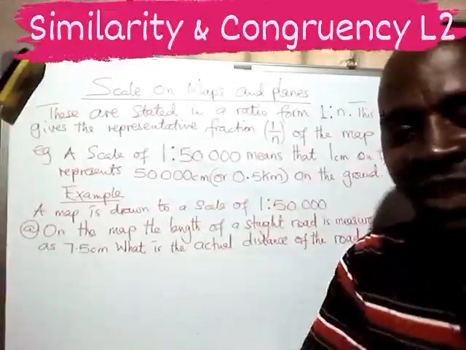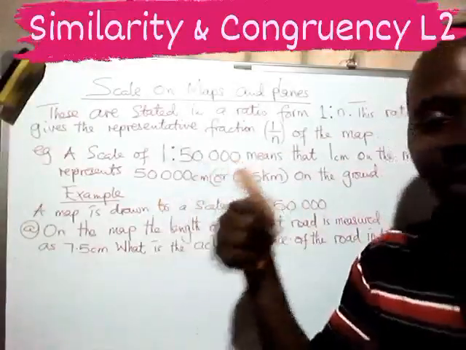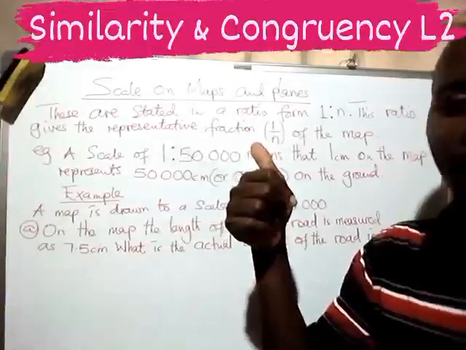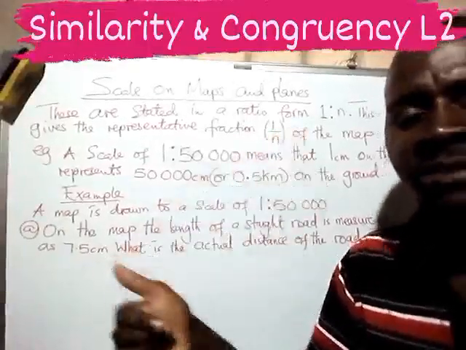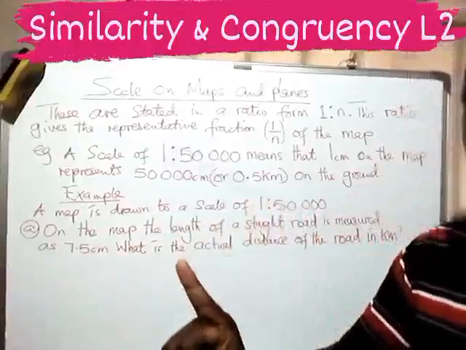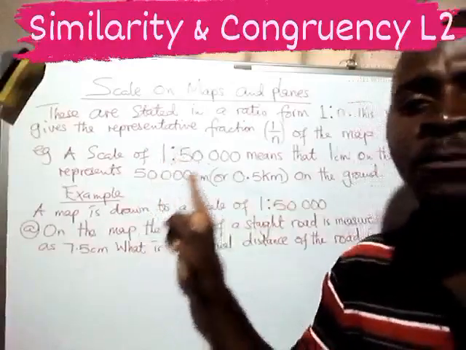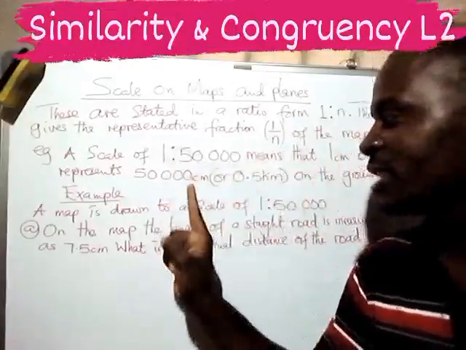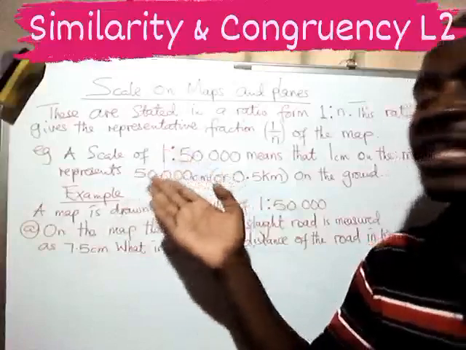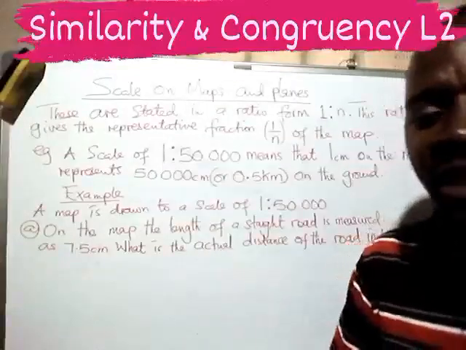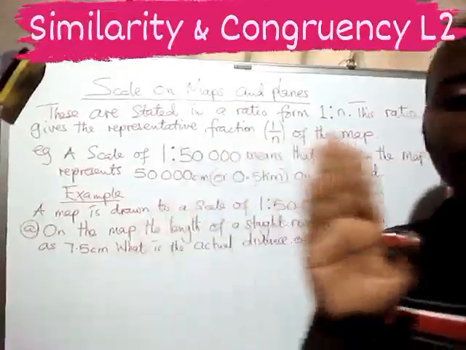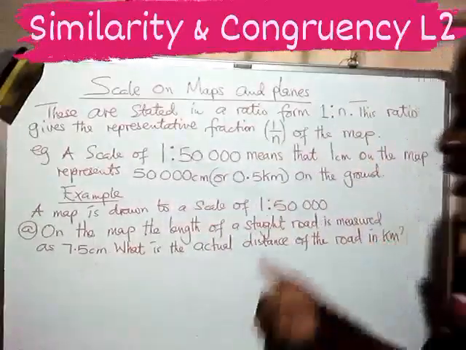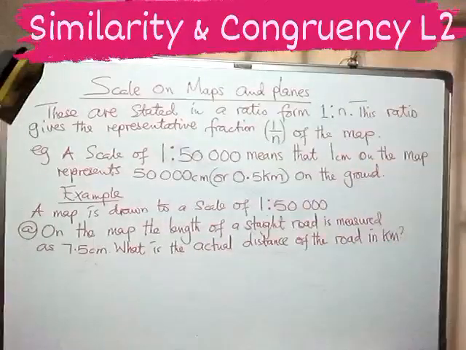Remember our previous lesson. There are 100 centimeters in a meter, and 100,000 centimeters in 1 kilometer. This means that to convert this 50,000 centimeters into kilometers, you divide it by 100,000 centimeters. So this is the reason why we have 0.5 kilometers on the actual ground.